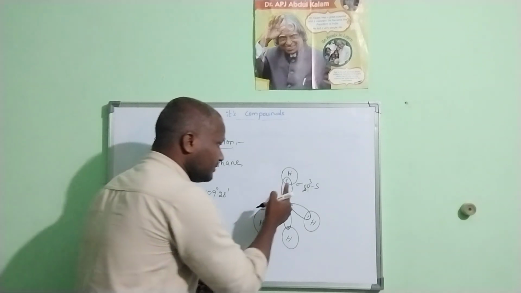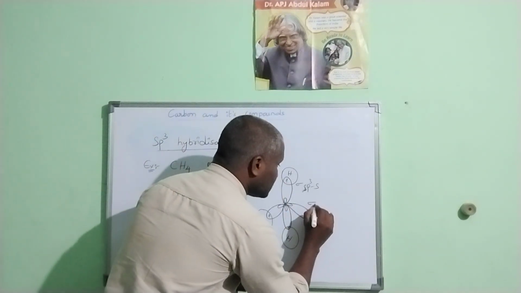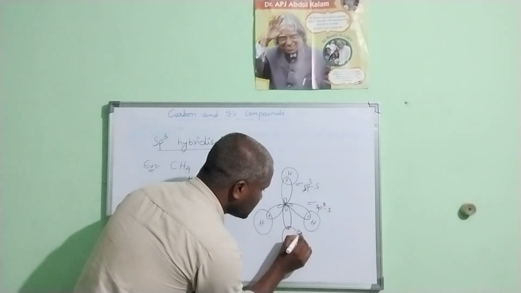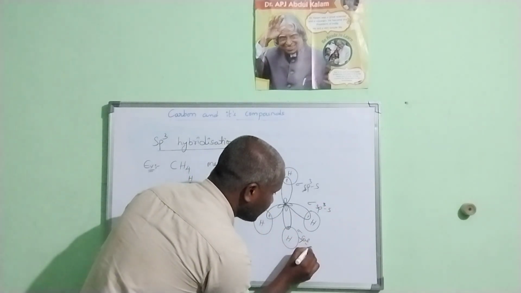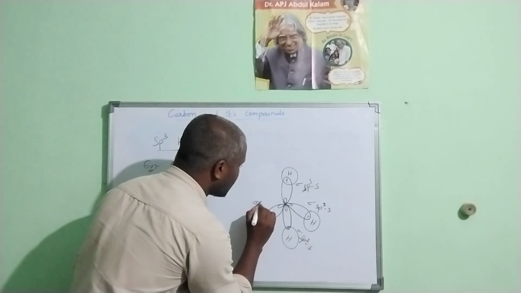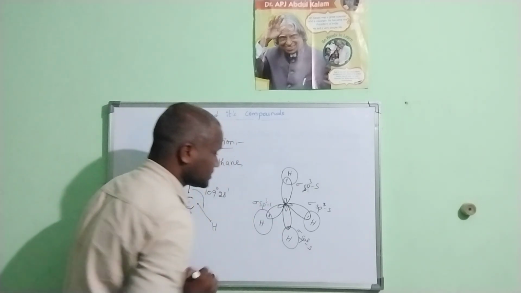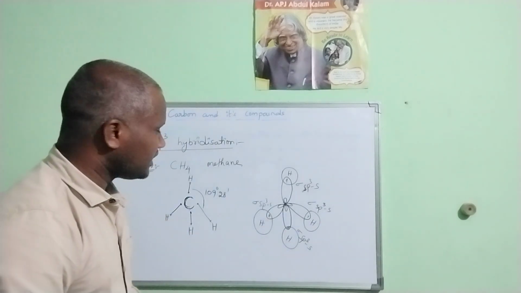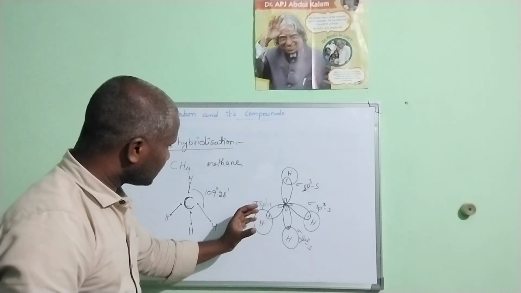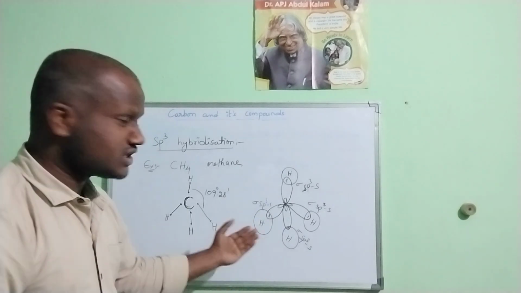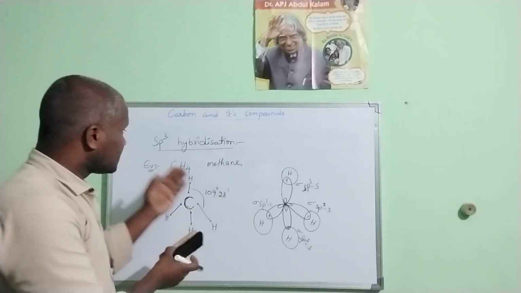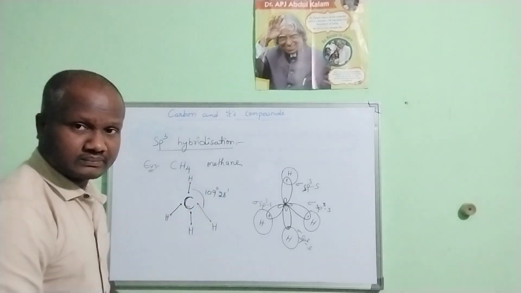In that way we observe 4 sigma sp3-s bonds, giving 4 covalent bonds between carbon and 4 hydrogen atoms. This is the structure of methane, which involves sp3 hybridization.